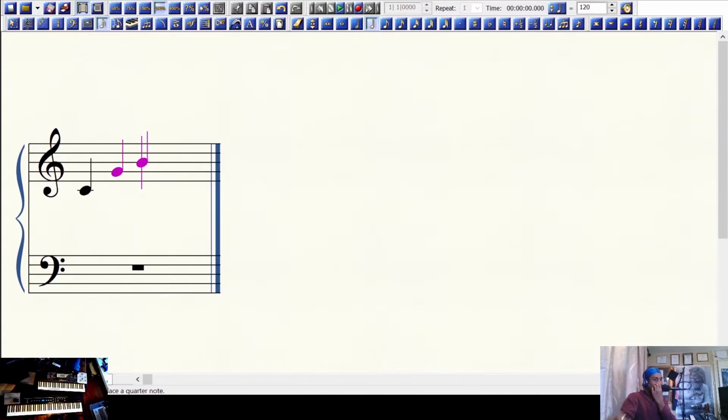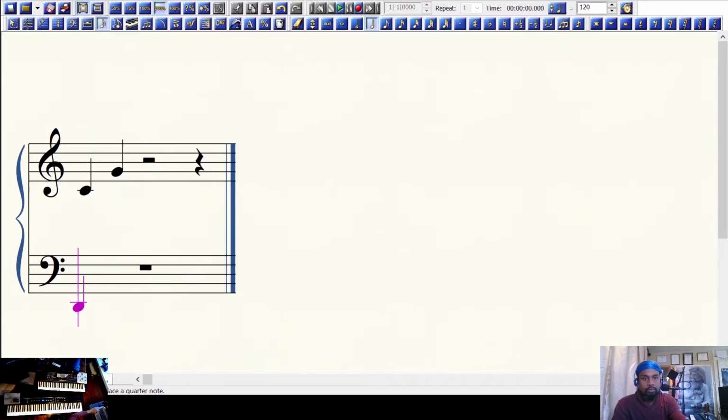Let's switch down to the bass staff. Notice here on this bass staff, I'm going to play the C below middle C, so you see where we write that.